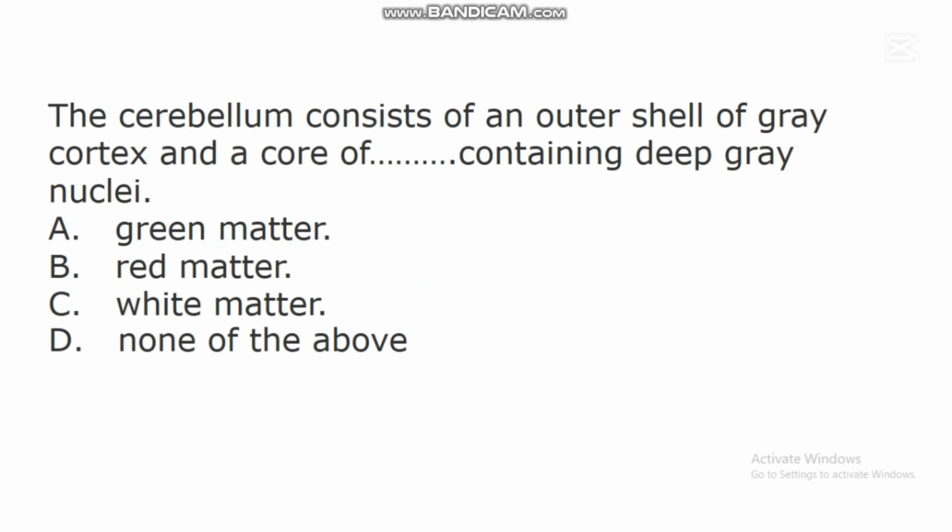In this question, the correct answer is C. White matter. Studies have shown that this part of the brain known as cerebellum consists of an outer shell of gray cortex and a core of white matter, and this white matter contains deep gray nuclei.